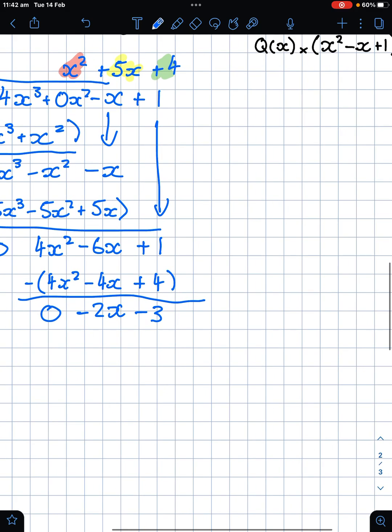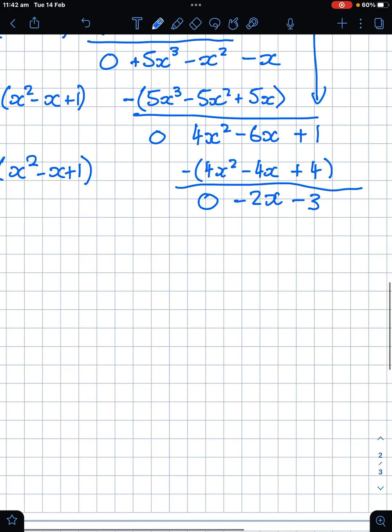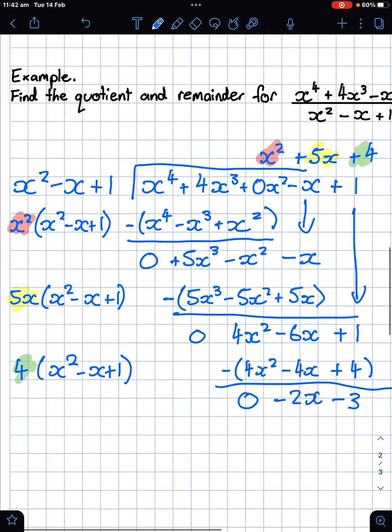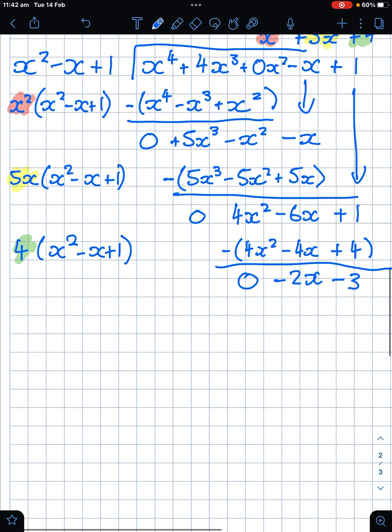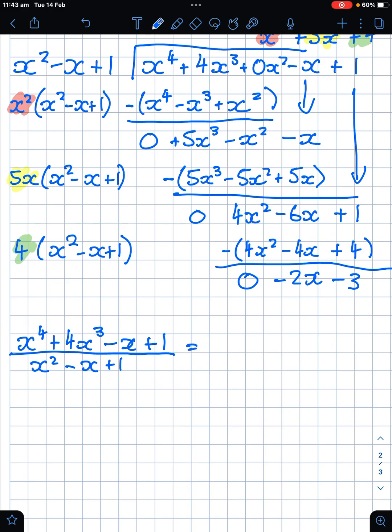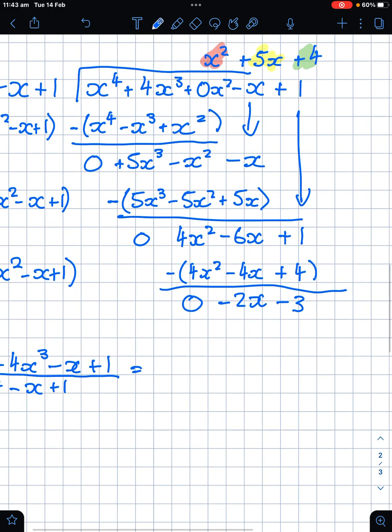Okay, so now we've found our remainder. So we have this function here. So we have x to the power of 4 plus 4x cubed minus x plus 1 over our divisor, which was x squared minus x plus 1 is going to equal our quotient, which is this value at the top.